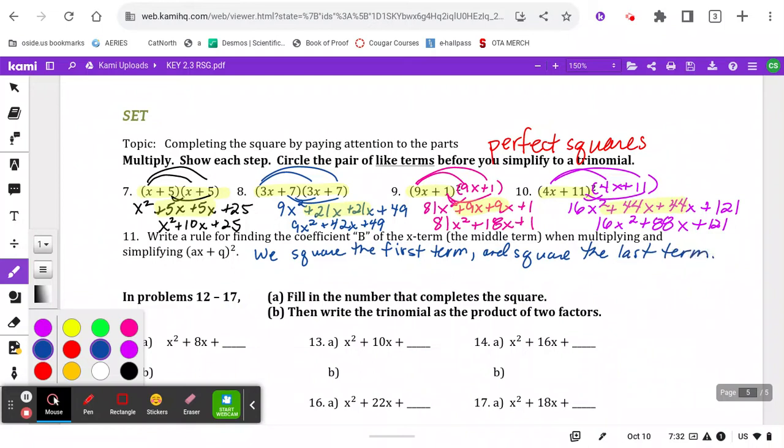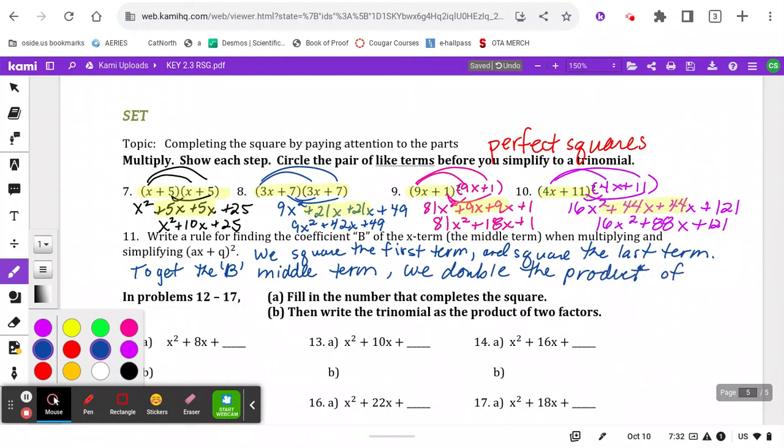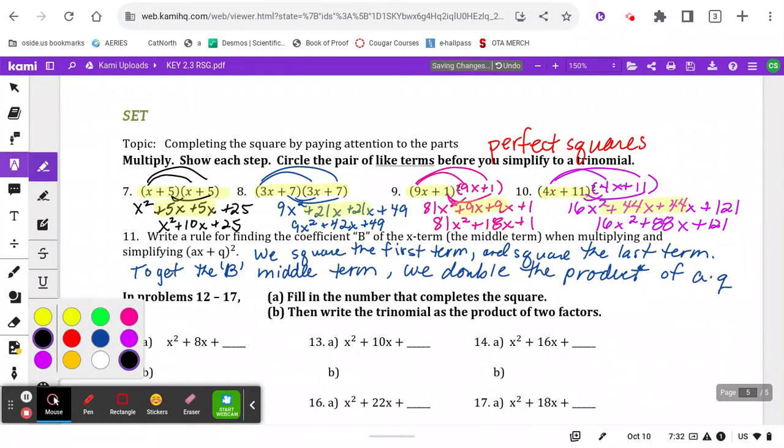That means multiplying it by itself. But to get the b, the middle term, we double the product of a times q. So where is this a and q coming from that I'm talking about?